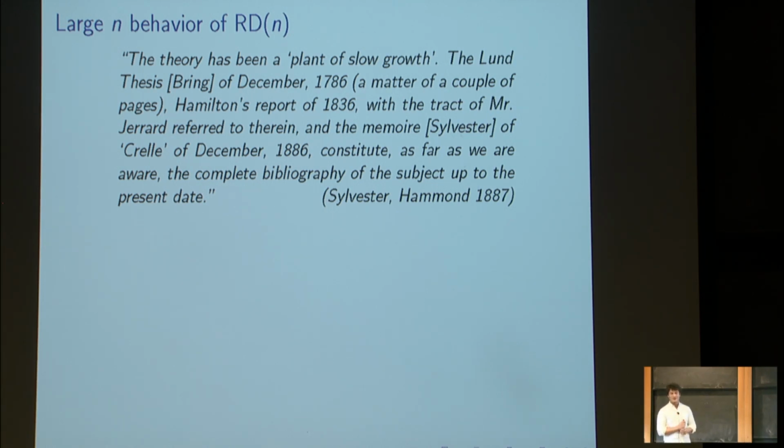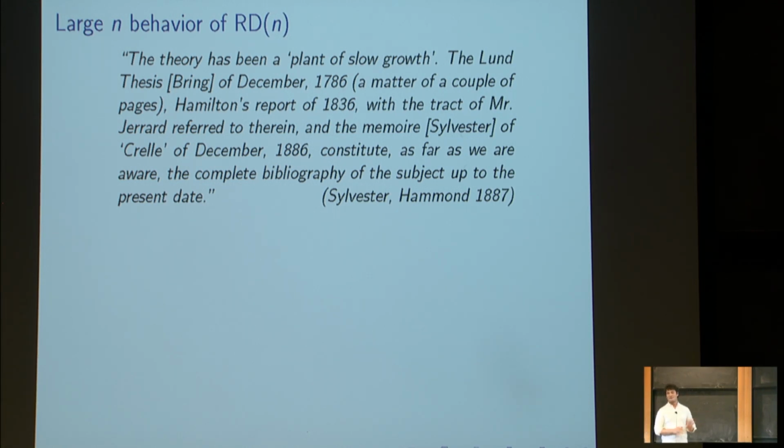I said I'd comment a bit about the history. Sylvester and Hammond took up this problem in the late 1880s. And Sylvester actually had a sidelight as a lyric poet. He gave lectures on lyric poetry, and you can see that in his prose styling. And he writes, the theory has been a plant of slow growth. The Lund thesis of 1786, Hamilton's report in 1836, and Sylvester's paper from the previous year constitute a complete bibliography up to the present day as far as they're aware.